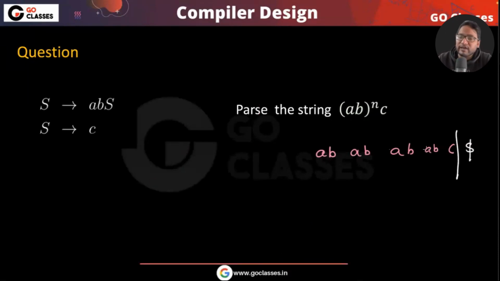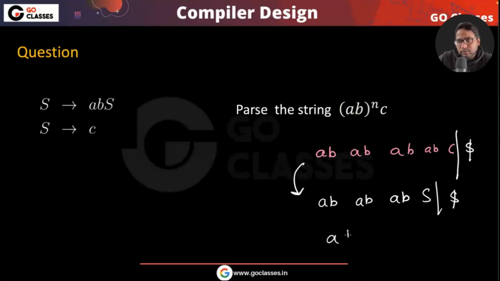Now can you tell me what we should do? We should reduce this C to capital S, right? Now can you tell me what we should do now? Now we should reduce this ABS to capital S, right? Now we should do this AB.